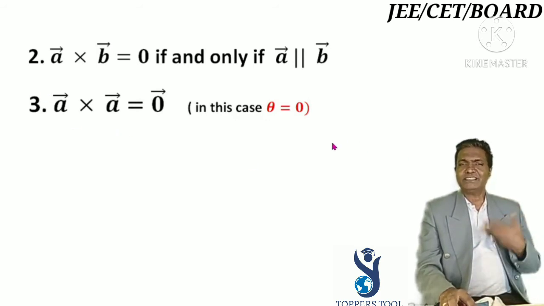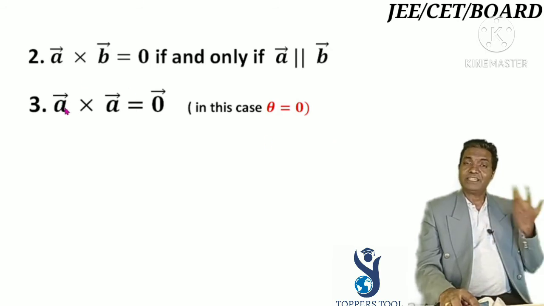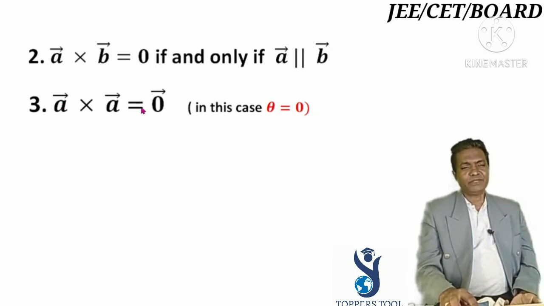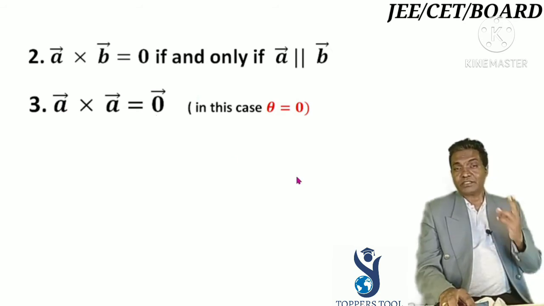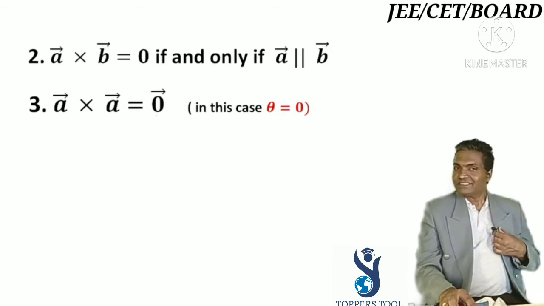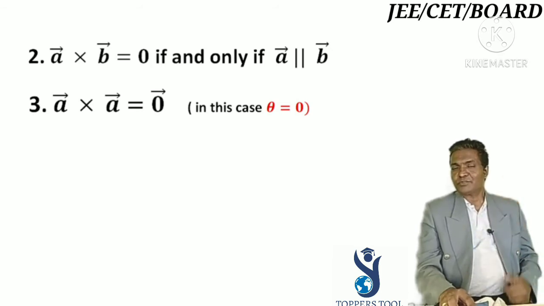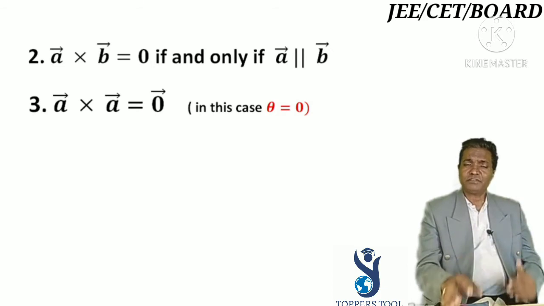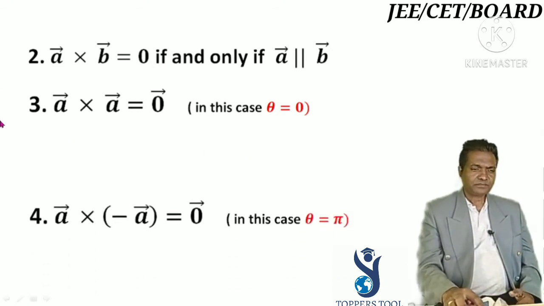So sine 0 is 0. If you apply the cross product formula, it is going to be the 0 vector. So remember that the cross product of two similar vectors is 0, whereas the dot product of two similar vectors is, as I mentioned earlier, the magnitude of A squared.